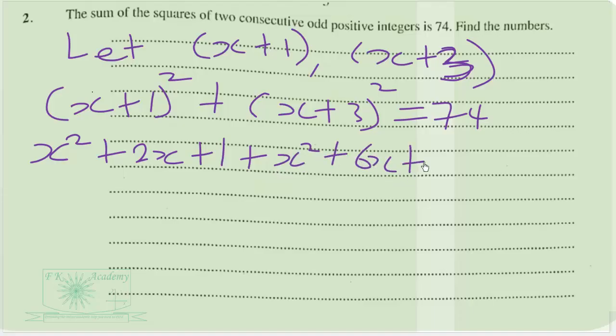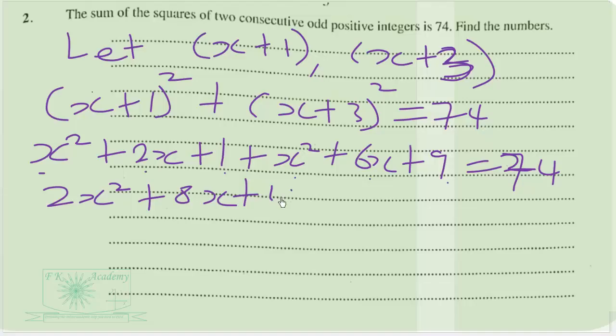I'm using the perfect square identity to expand. So x squared plus x squared will give us 2x squared. Then we have 2x plus 6x, which gives us 8x. And we have 1 plus 9, that will give us 10. Minus 74 is equal to 0.